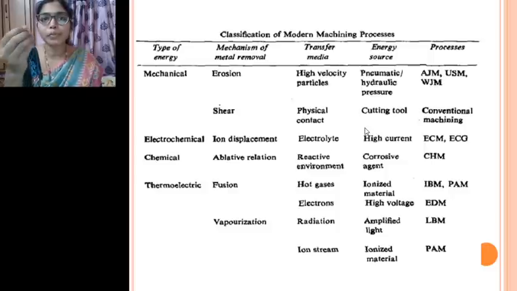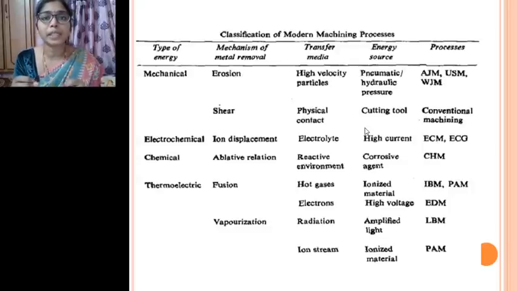Now, these will be in the form of very fine grains. These particles are mixed along with the water and pressurized. The water or the air acts like a medium which carries these particles.